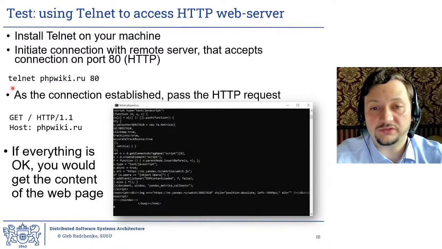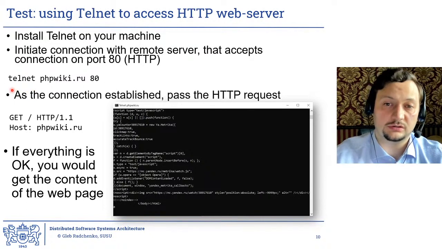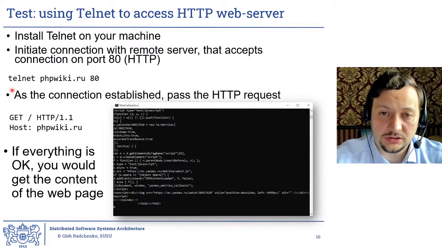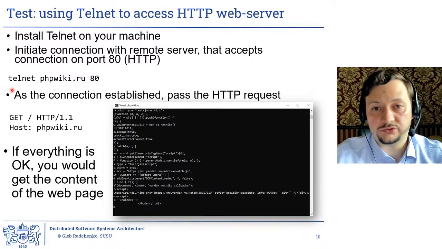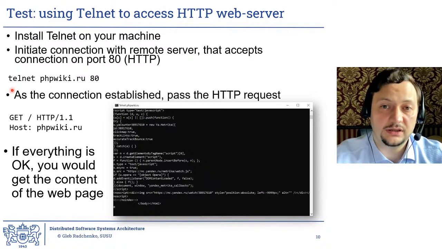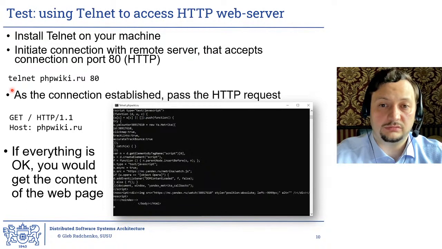So you know that there is a standard tool that can be installed on any machine that allows the connection to the remote server using text. It's called Telnet. Telnet is a utility that allows you to connect to a remote port, if it is open, and send there some text.